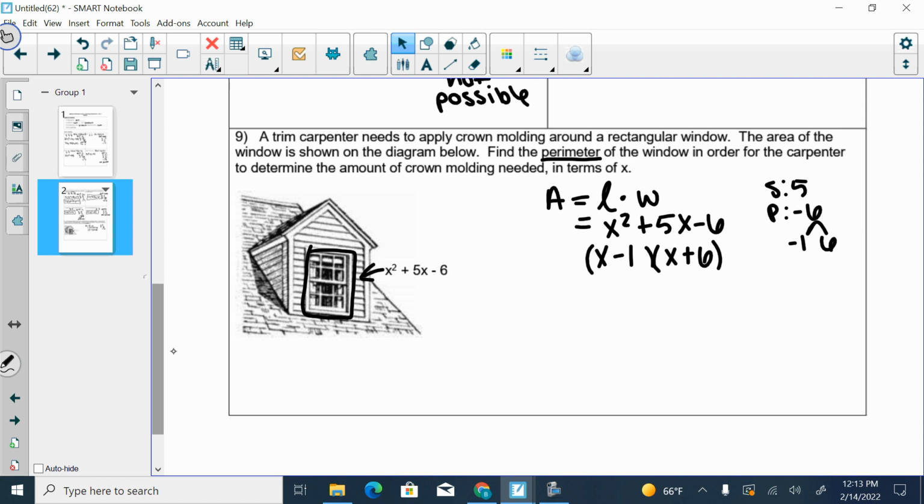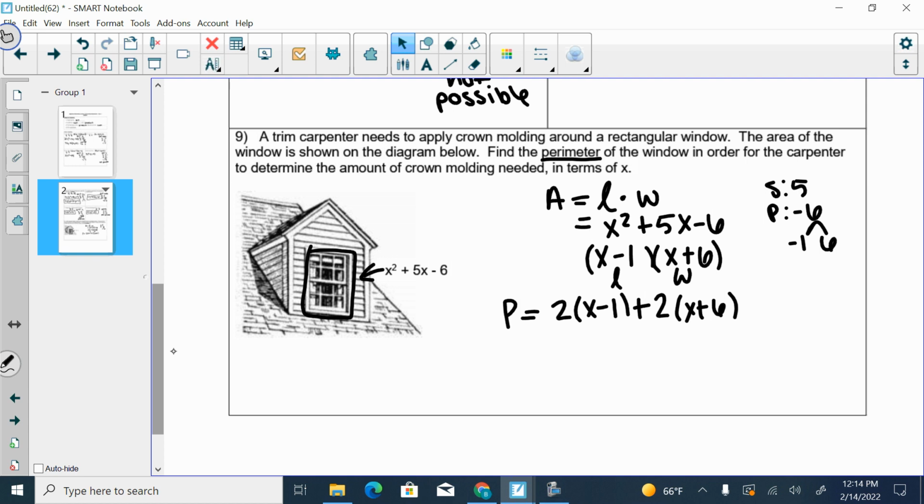Right. Okay, so we could say that this one is the length and this one is the width. Well, how many lengths does a rectangle have? 2. How many widths does a rectangle have? Okay, so when I'm finding the perimeter, I'm going to have 2 of the x minus 1s, right? Plus 2 of the x plus 6s.